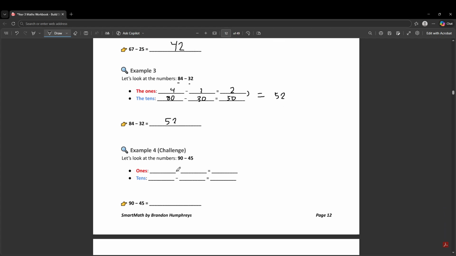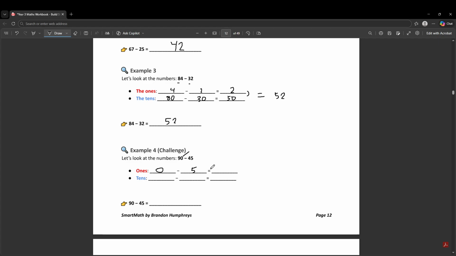Now for a slightly harder example, we'll have a look at the numbers 90 and 45. So for the 1's, as we recall from our place value, even though it's a 0, we'll still have a value. So we'll treat this as 0 minus 5.